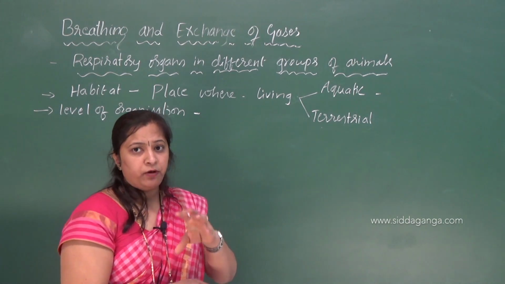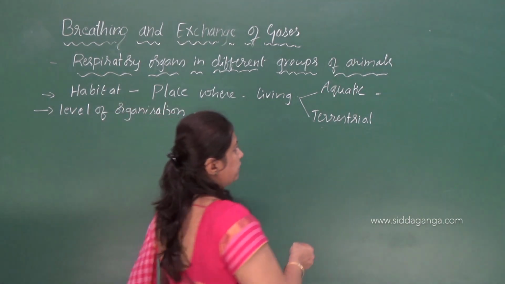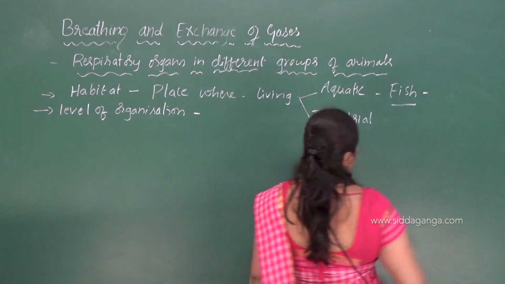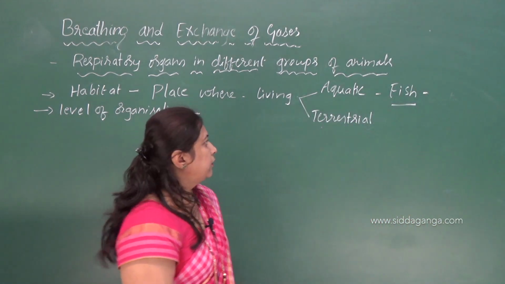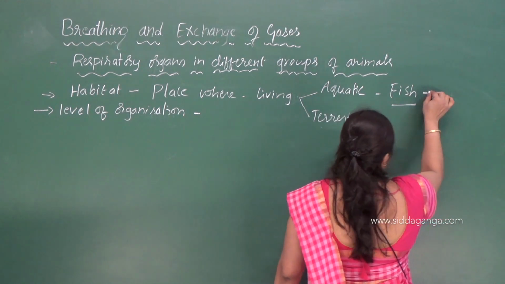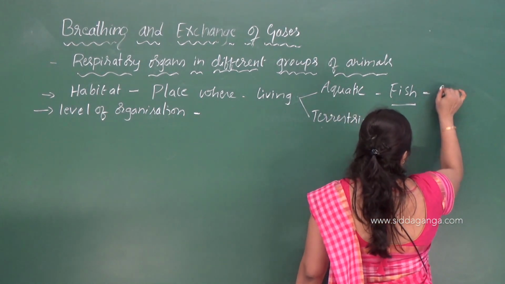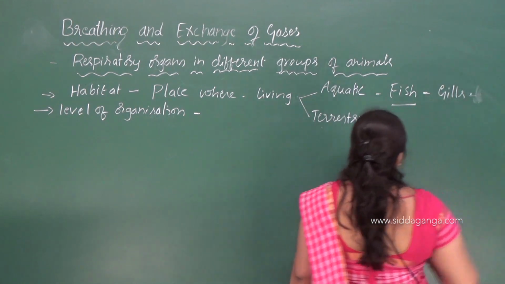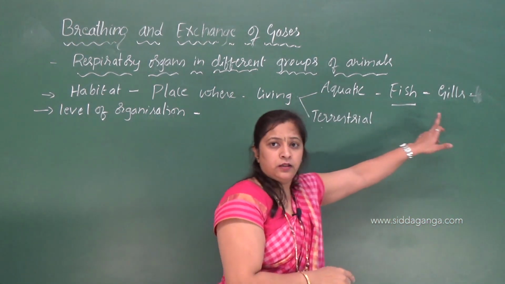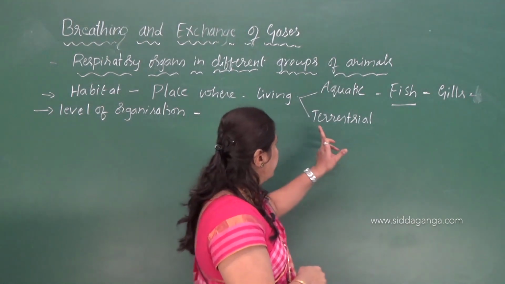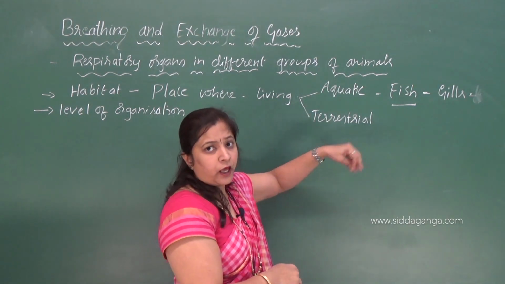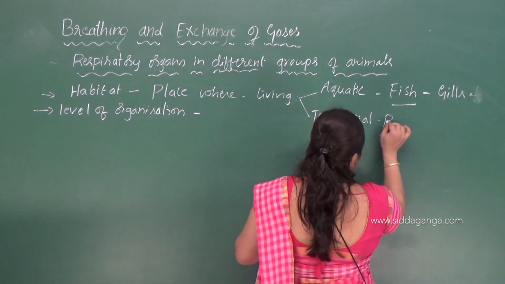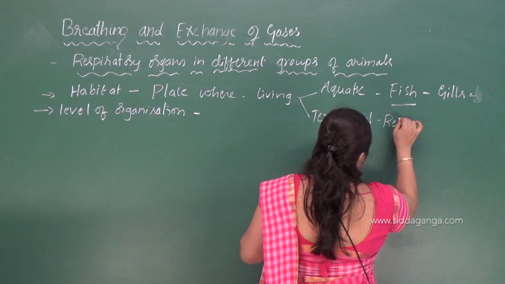For example, if you take a fish, fish is aquatic, right? It lives in water, so it has gills for respiration. So the respiratory organs in case of fishes are the gills. And terrestrial animals, the animals which live on land, for example reptiles.